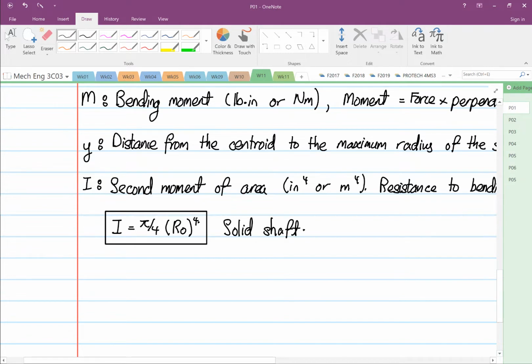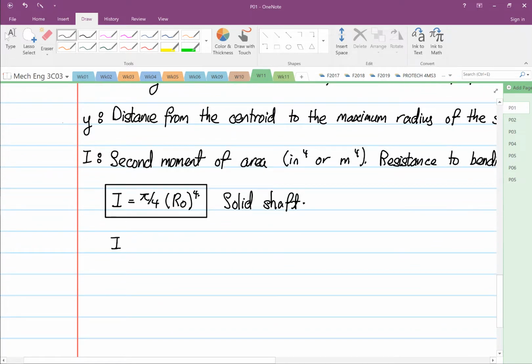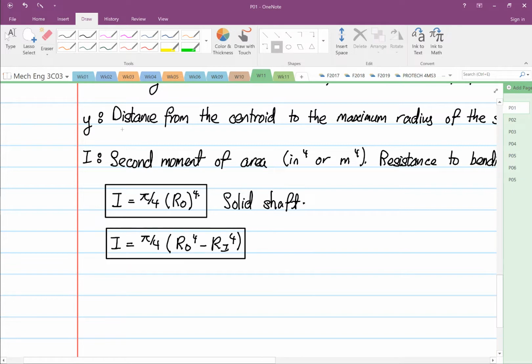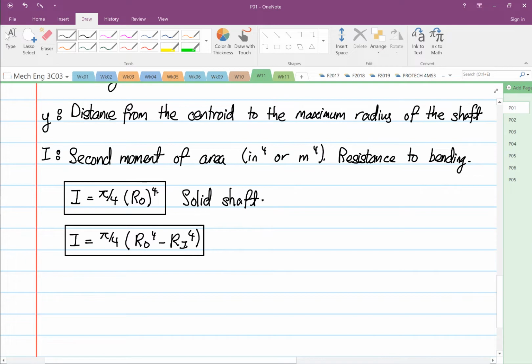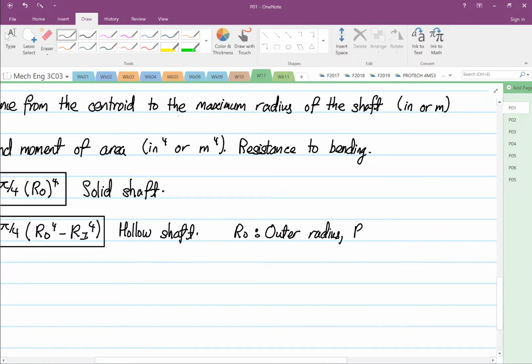Then for a hollow shaft, I is equal to pi over 4 times R outside minus R inside to the power 4, where RO is the outer radius and RI is the inner radius.